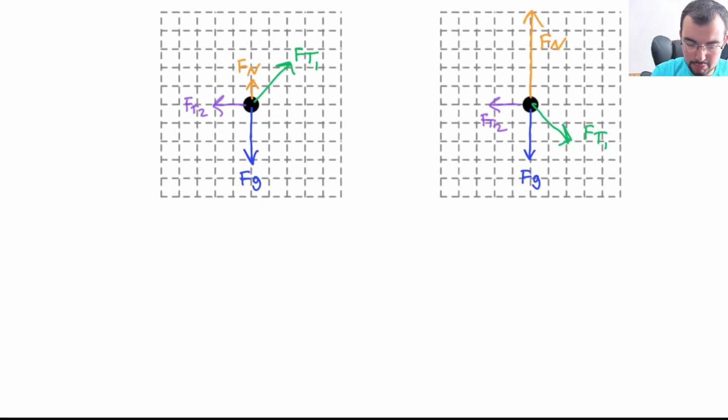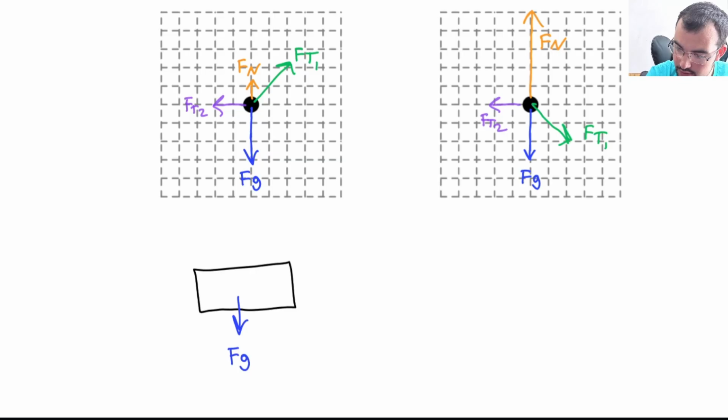So if we were to component body each of these, we'd see that we have FG down for this one. We have FT1X here. We have FT1Y here. Then we have FT2 here.